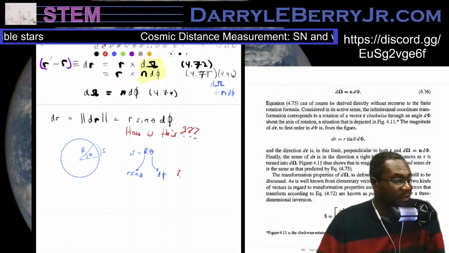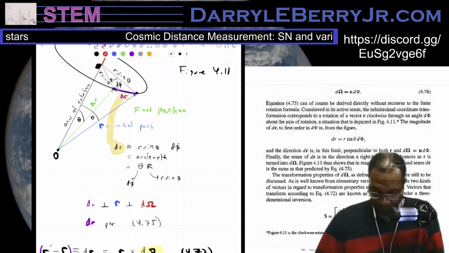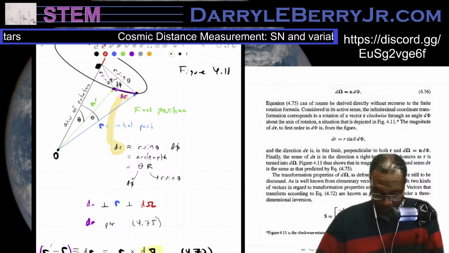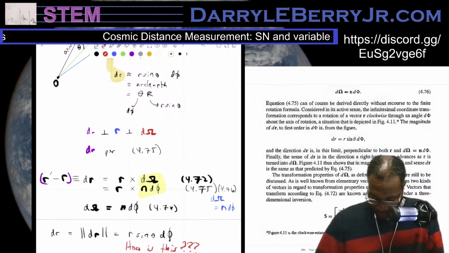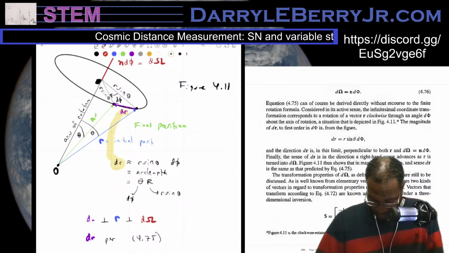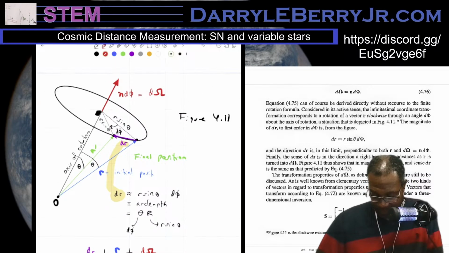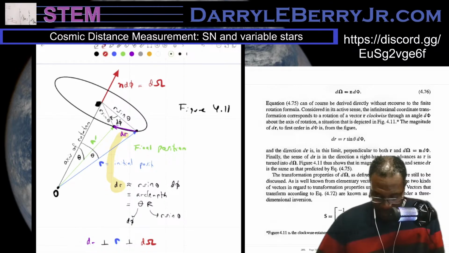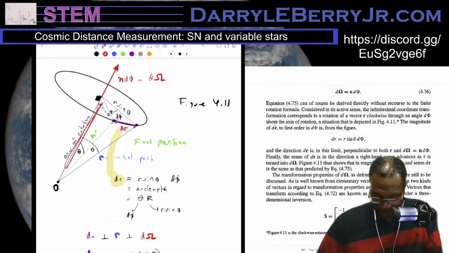Right, keep going. And the direction of dr is in this limit perpendicular to both r and d theta. It doesn't make a little bit of sense because I was thinking of how r sine theta is going to be shorter than r since it's this vertical distance here.